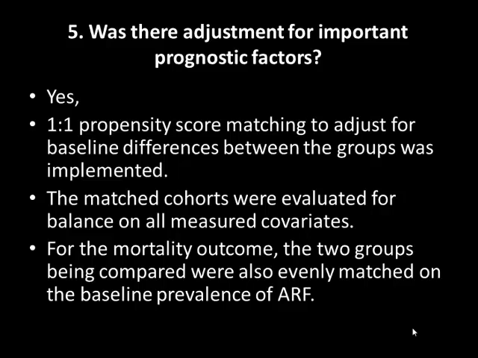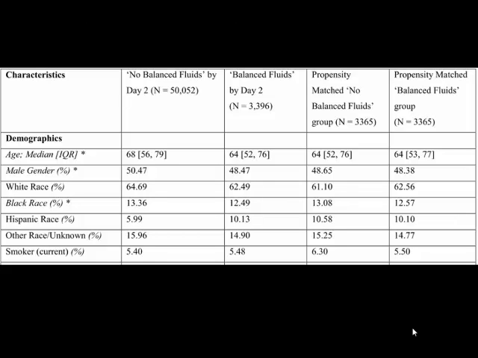Was there adjustment for important prognostic factors? The answer is yes. As I mentioned, this was a 1-to-1 ratio of matching, adjusting for the different characteristics and comorbidities of these patients. In this table we have demographics, and the first 2 columns show the non-balanced fluid group with 50,000 before the match, and the balanced fluid group with 3,000 patients.